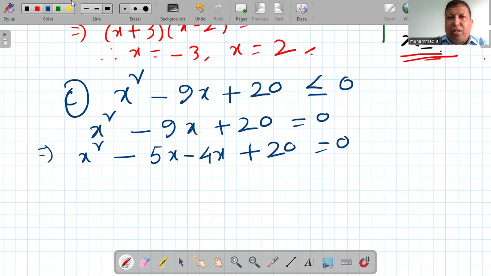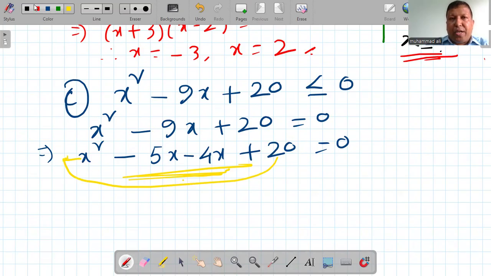Now check both of these: the addition, if both are the same sign. Their sum is minus 9x, and their product will be plus 20x squared, the same as the product of 20 and x squared.